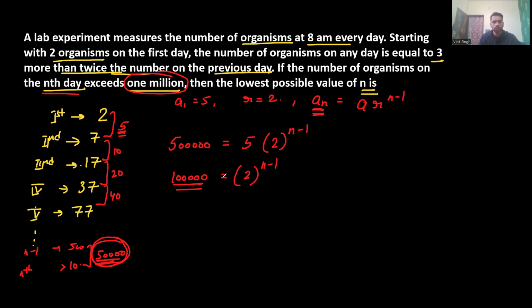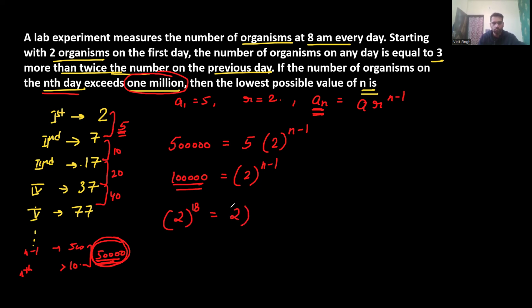At what power of 2 do we get a value nearest to 1 lakh? So it becomes 2 to the power of about 18, where we find the term near 1 lakh.